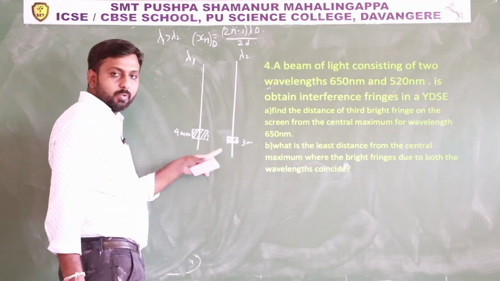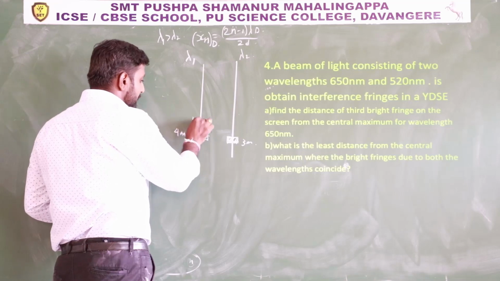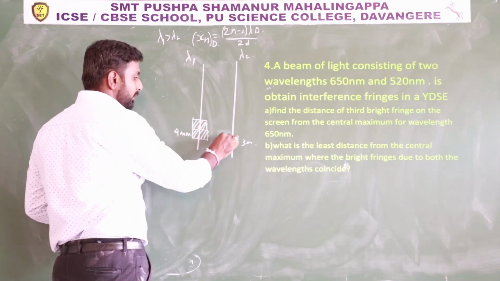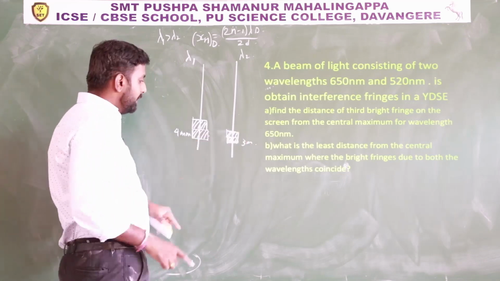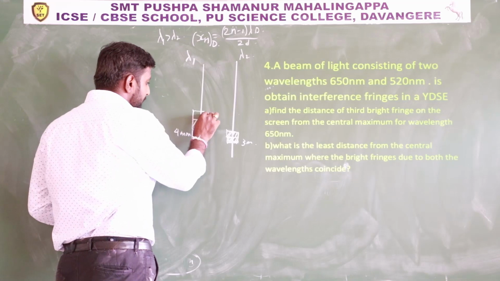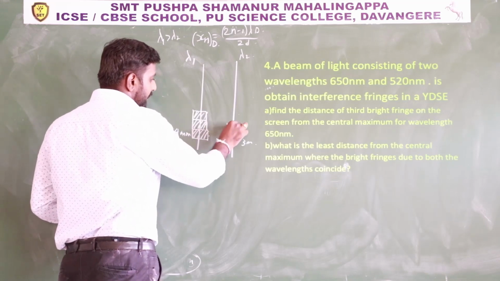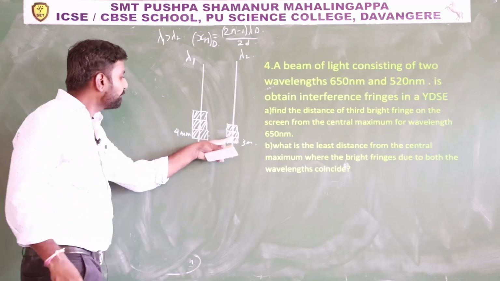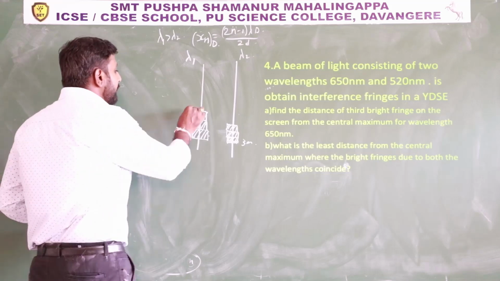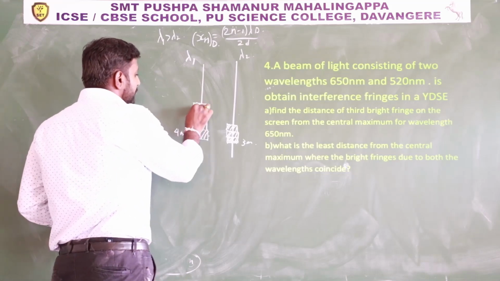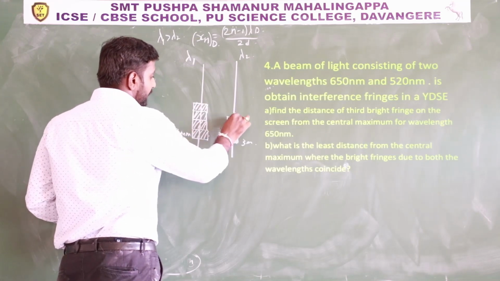Does this 4 millimeter coincide with 3 millimeter? No. Second fringe: 4 millimeter and 3 millimeter, so total is 8 millimeter and 6 millimeter. Third fringe: 12 millimeter and 9 millimeter. Still not coinciding. Next, fourth fringe: 16 millimeter and 12 millimeter.